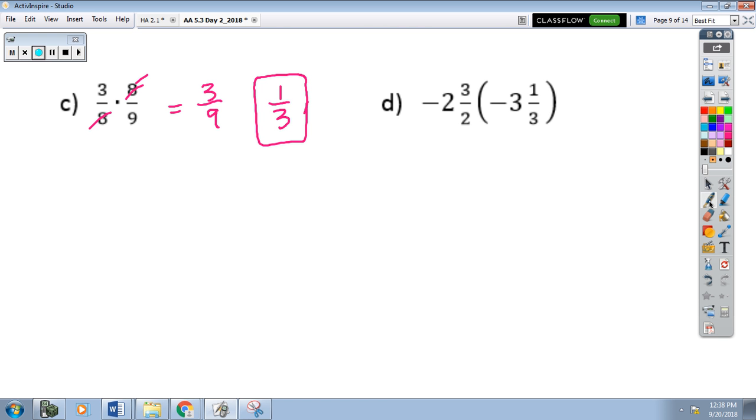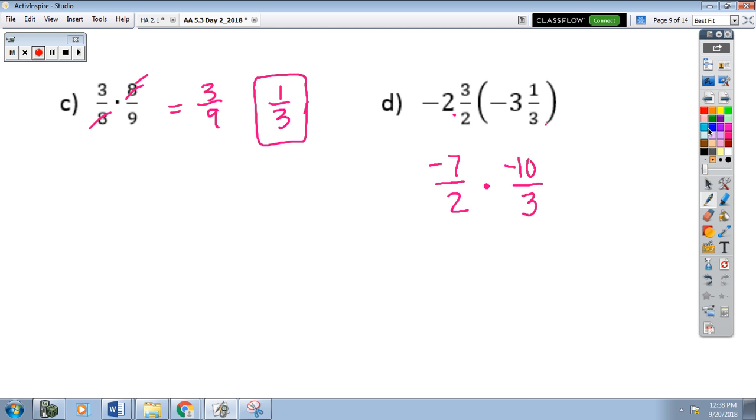Now, you cannot just multiply these together. You need to change them to be improper first. So we'll have 2 times 2 is 4, 4 plus 3 is 7, so that's -7 halves. 3 times 3 is 9, plus 1 is 10, so it'll be -10 thirds. And then it's up to you whether you do want to cross-reduce.